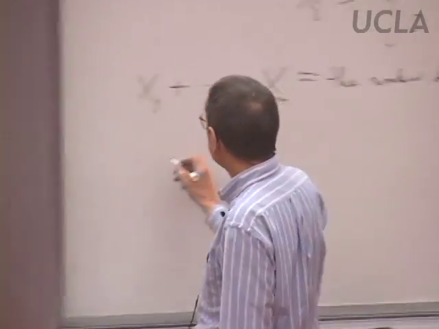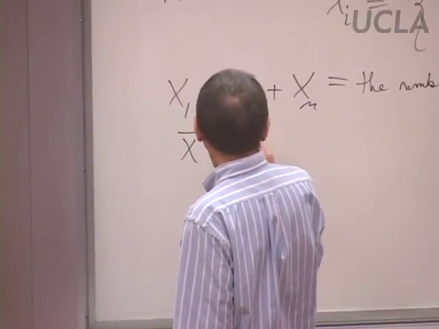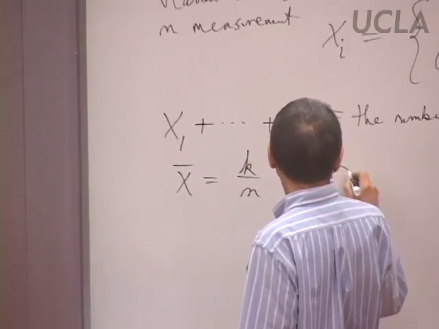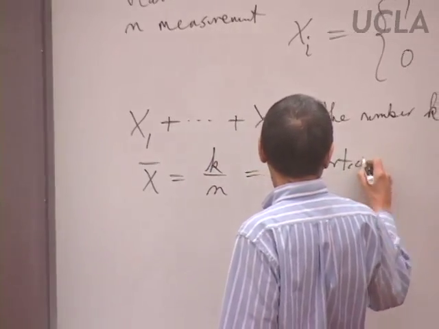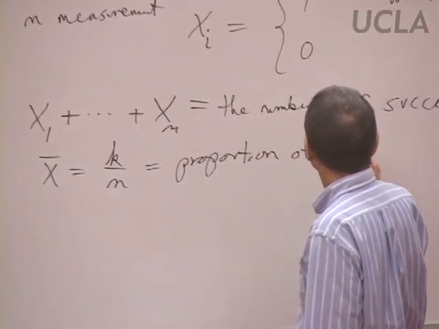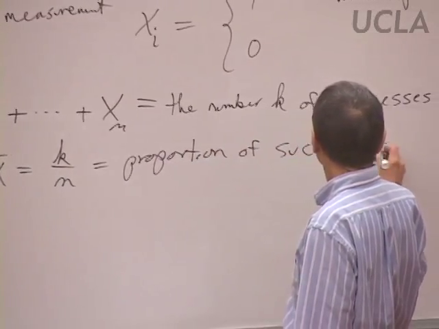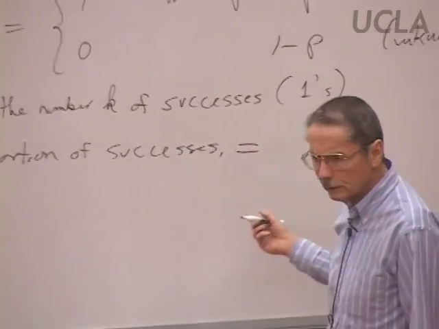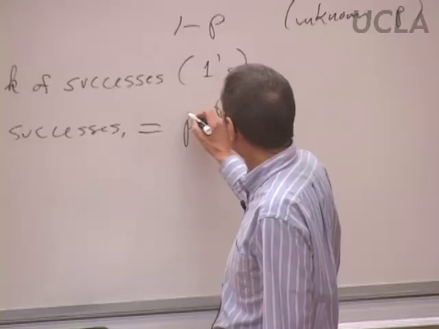So our sample mean, k over n, is the proportion of successes. Following the book's notation, let's call that p hat.